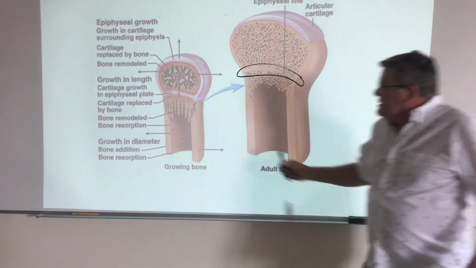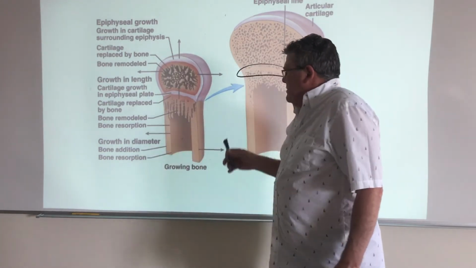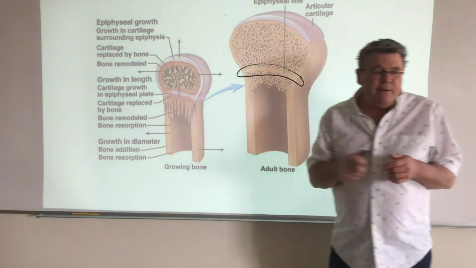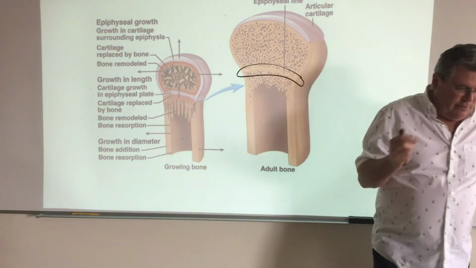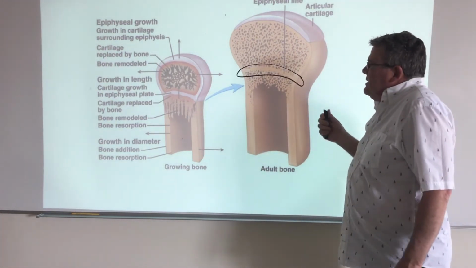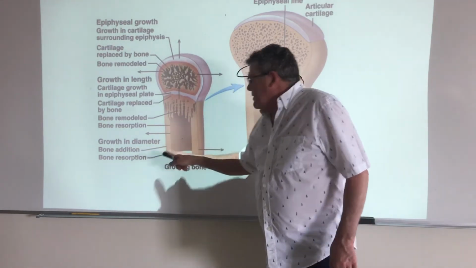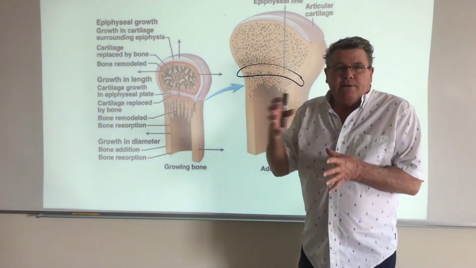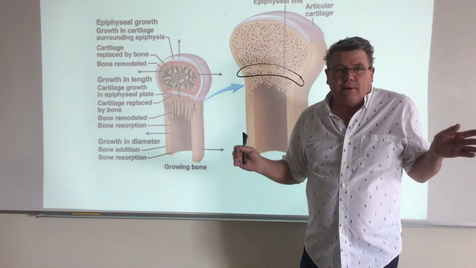Now, as far as this mentions growth in diameter, because of course your femur has gotten larger around, the diameter has gone up since you were 4, I hope. And what ends up happening there is just essentially bone addition. So what you're doing is you're building more osteons. And so you make it bigger and bigger and bigger, more weight-bearing pillars.